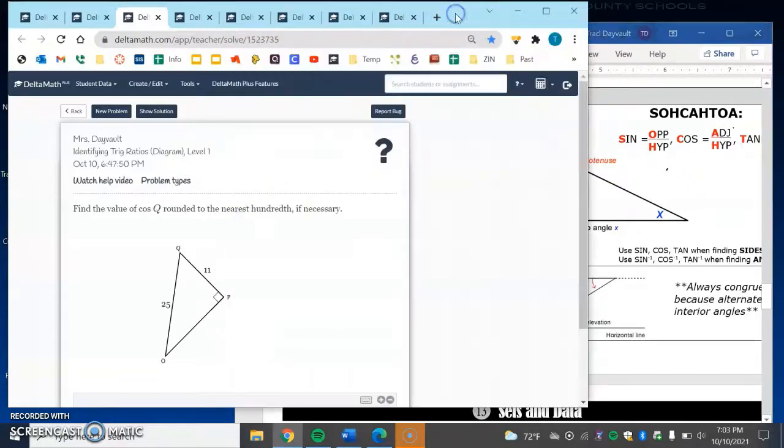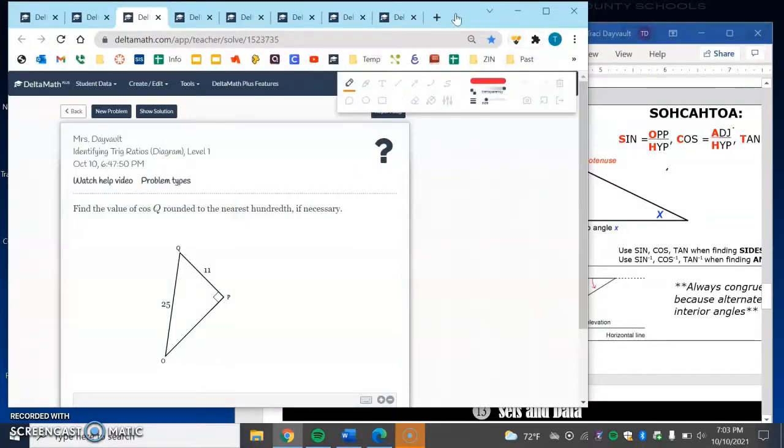Okay, our reference angle, again, I recommend always circling or marking the reference angle somehow. So Q is our reference angle here, and cosine of Q is going to be the adjacent, which means beside, over the hypotenuse.